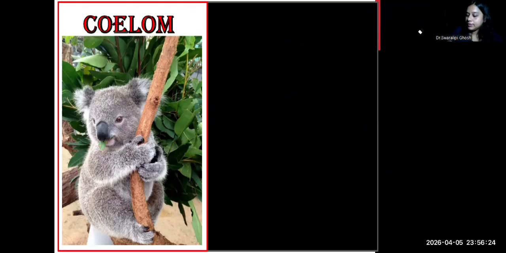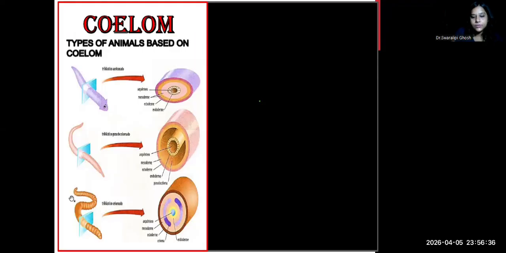So in the platyhelminthes they are triploblastic. They are having the mesoderm. But because they are flatworms, they are not having the sufficient space to have the body cavity.